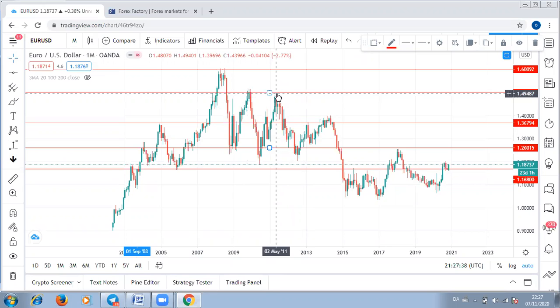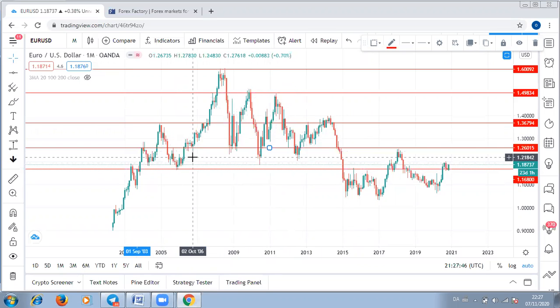So what is a support area? A support area is an area where the price falls to. It's a buying area. It's like a ground floor, like a floor that stops the price from plunging deeper.